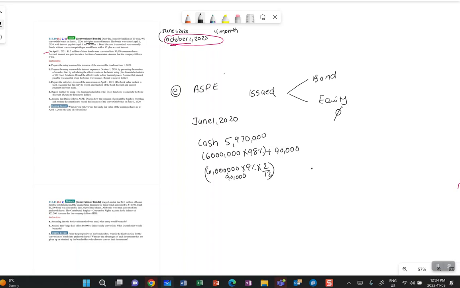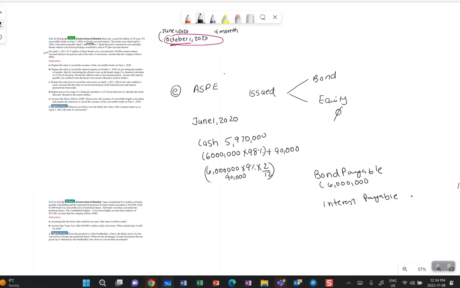597,000, and then we have a bond payable. The value of your bond payable will be the 98%, and then we have an interest payable.